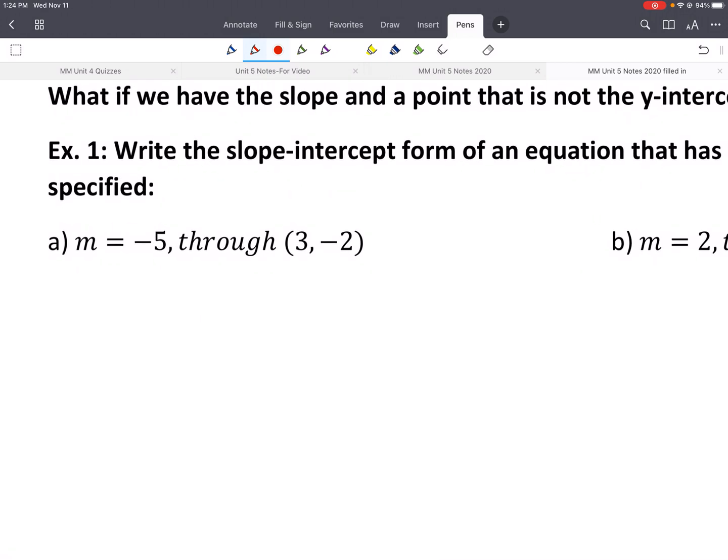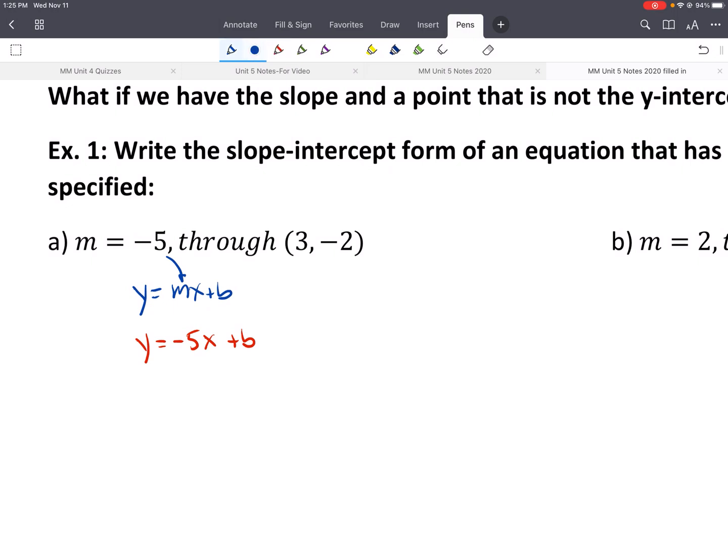All right, so how we'd do this is we would come up with our equation. Well, y is equal to mx plus b, okay? And they tell us what m is, so let's put that in. We'll get y is equal to -5x plus b, but we don't know what b is, all right?